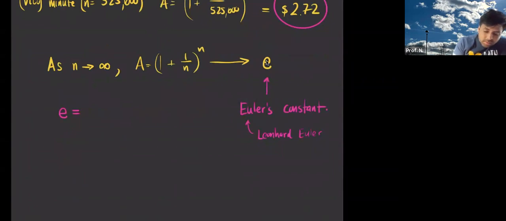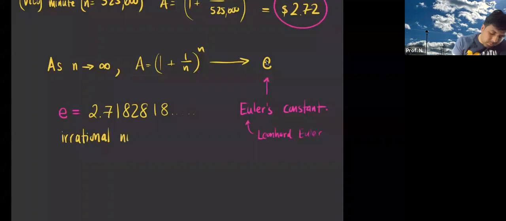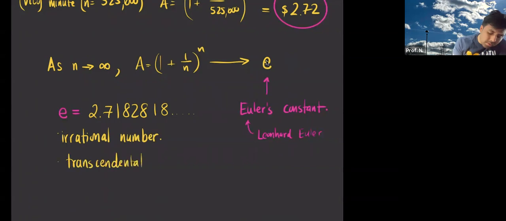And e is 2.71828 1828 dot dot dot. This goes on forever. This is an irrational number. This is actually called a transcendental number. This is another craziness. Transcendental number.